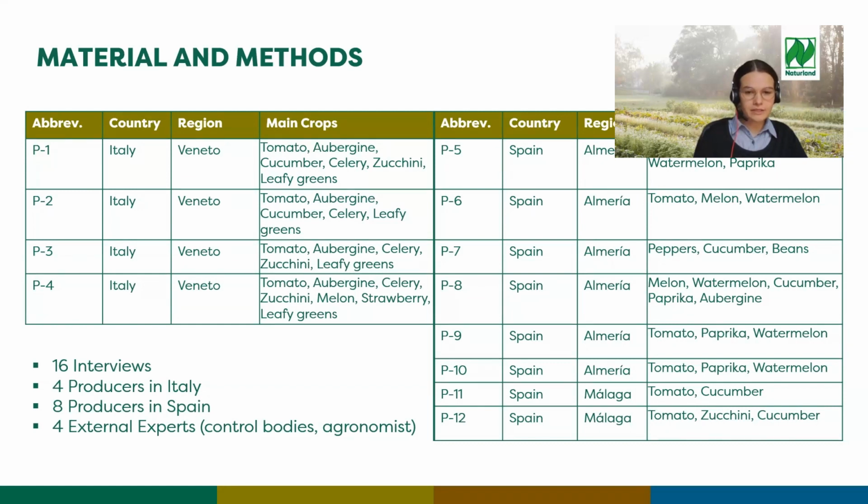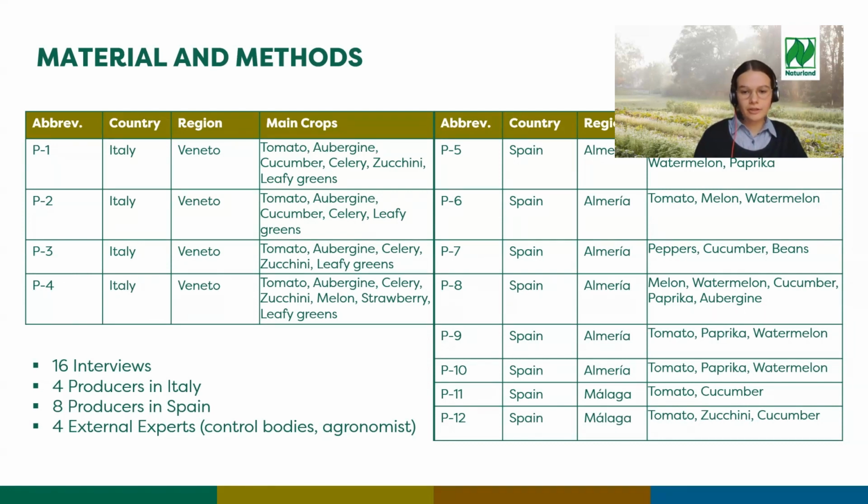Almost all farms I interviewed were certified under Naturland standards, and all of them comply with the current national, in the case of Italy, and international organic standards on crop rotation, and in this case, the requirements of the EU organic regulation.